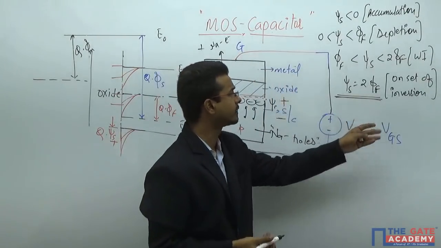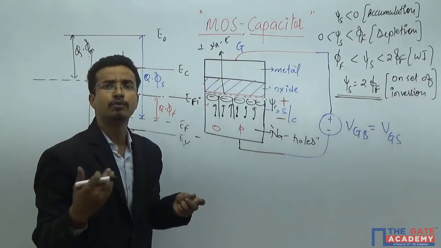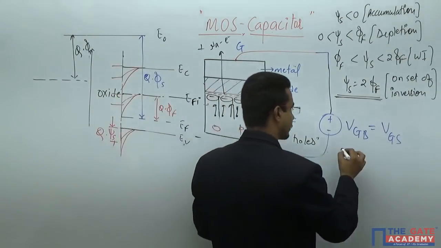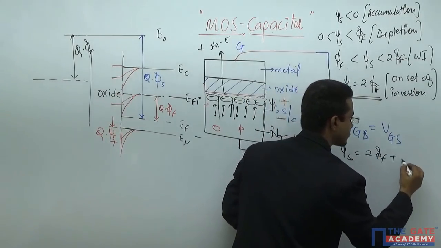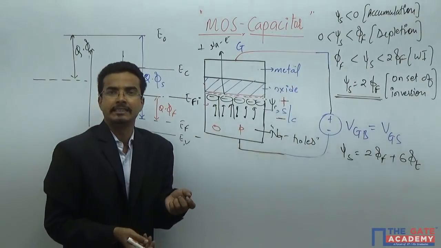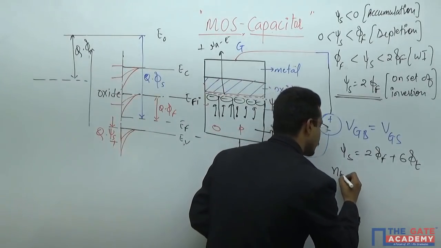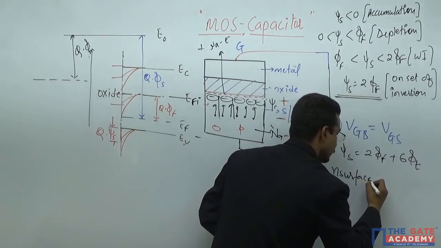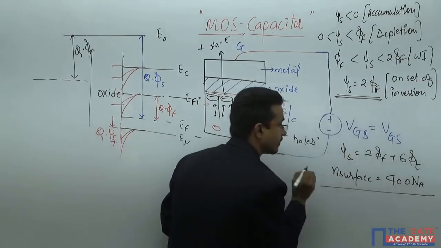And after this, the crowd here will be more. If you want to justify, you can take psi s equals 2 phi f plus 6 phi t, where phi t is just Vt, the thermal equivalent voltage. You will see at this point the n surface will become 400 times Na.